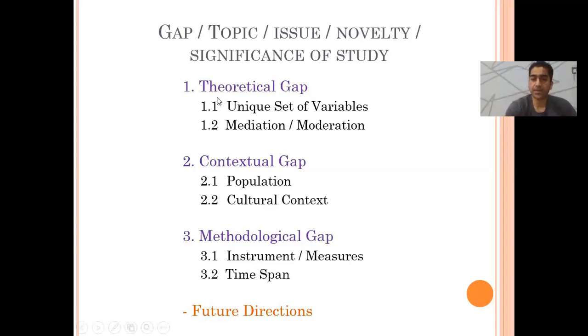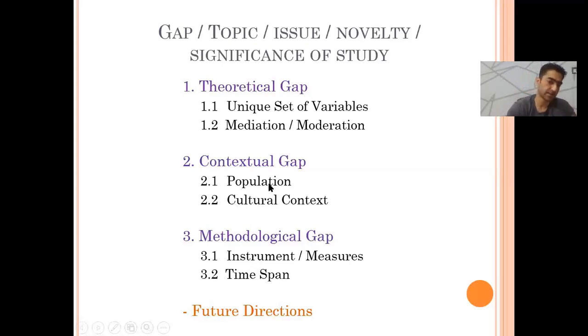But here I can see in theoretical gap we further have a unique set of variables that can be an idea, or the mediation or moderation. You can add a mediator or moderator, or a number of moderators or mediators in your model. Then the contextual gap: you can differentiate your research with a different population, or you can go for a cultural context.